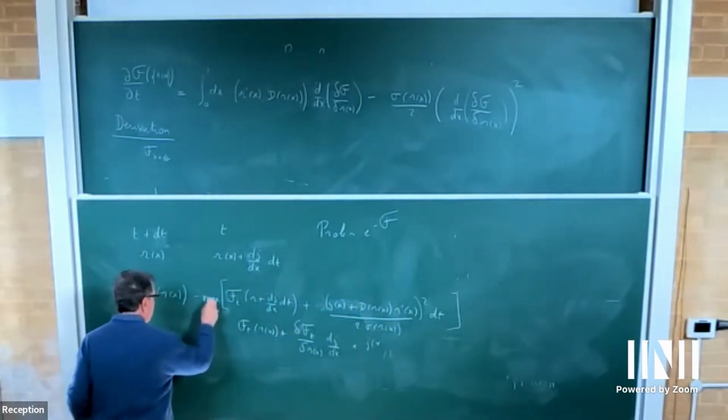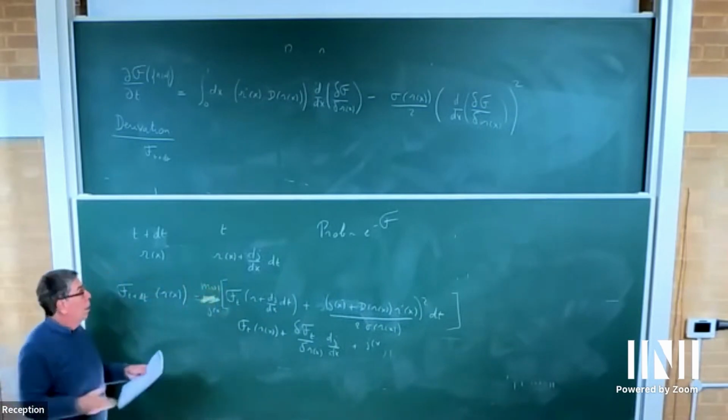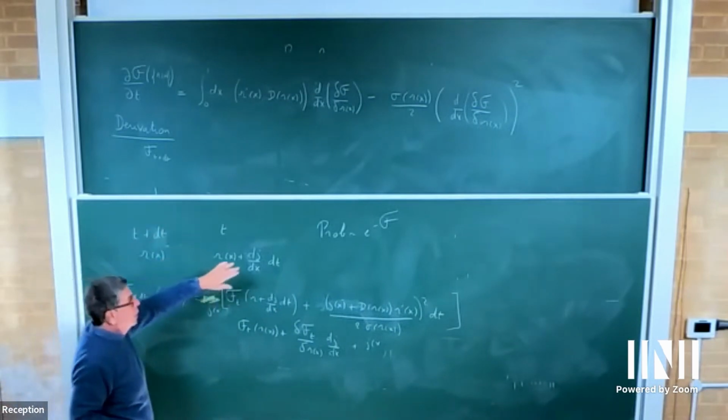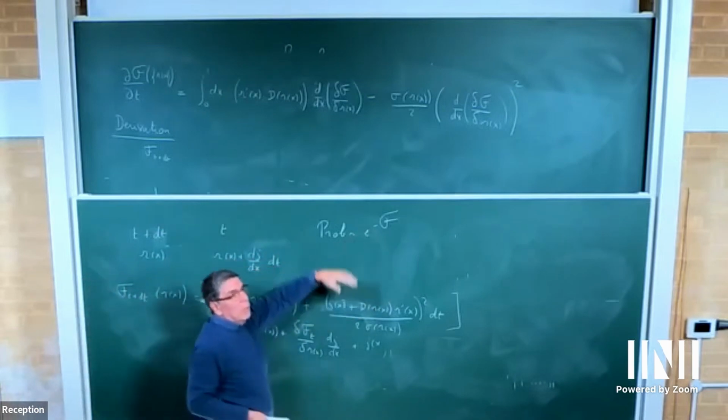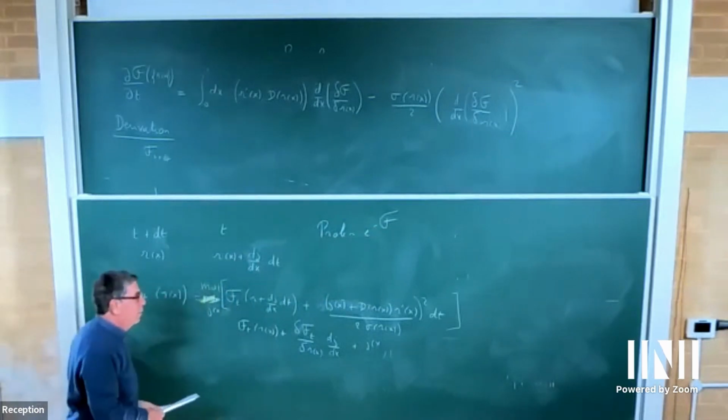Because the probability is exponential of minus f, I want to make f as small as possible to have the most likely thing.